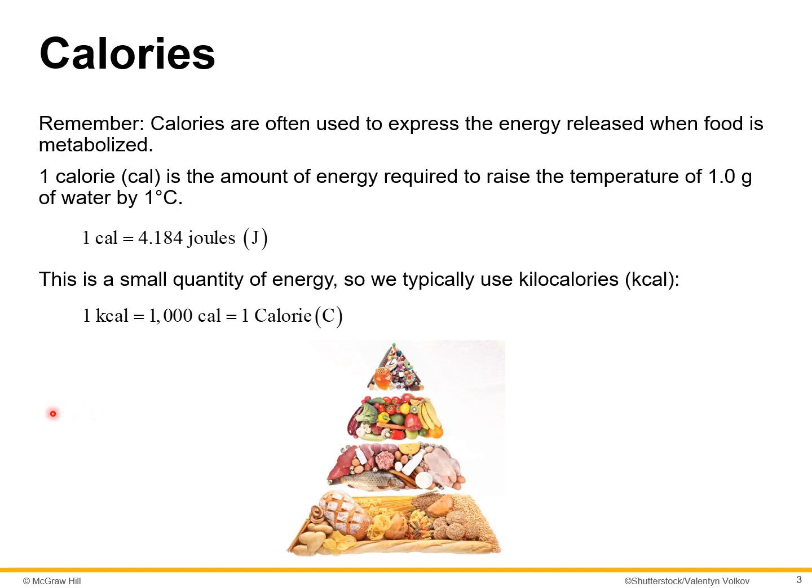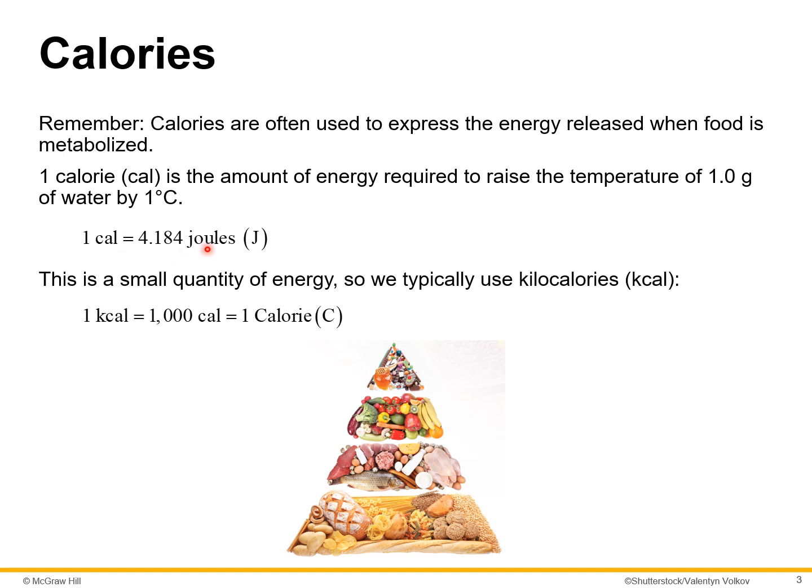So calories are used by the body, as you know, for movement and exercise, growth, and metabolic processes like breathing, etc. And the unit we use for calories: 1 cal is equal to 4.184 joules.